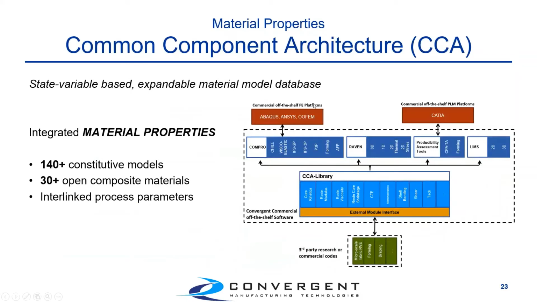Those finite element solvers usually call some subroutines, where basically COMPRO is called. And inside COMPRO, you have this library of all these different models. There is a cure kinetics model, the resin modulus model. Depending on the type of the analysis that's being performed, the appropriate material constitutive model, or MCM, is being called and incorporated in the calculations.